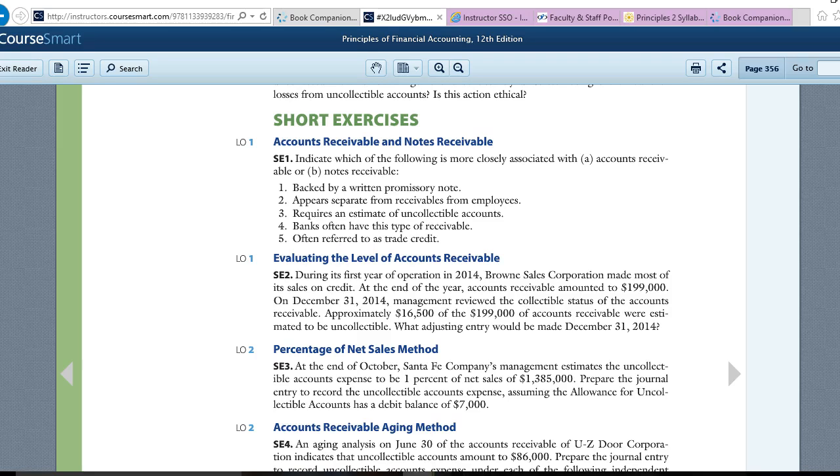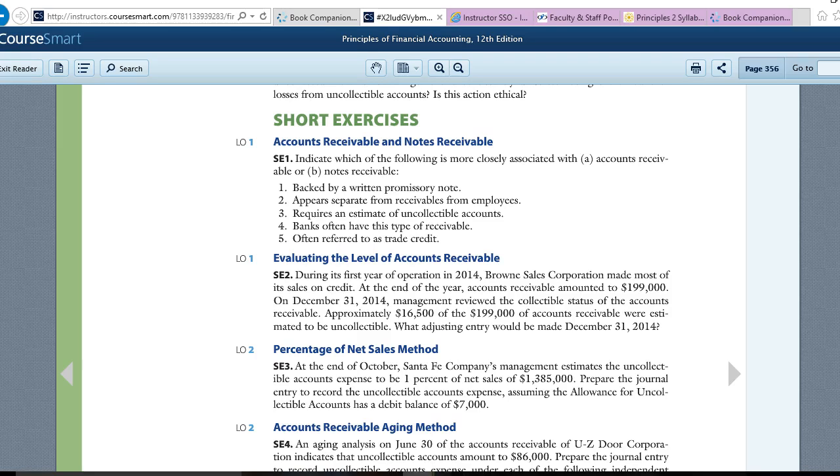At the end of the year, accounts receivable amounted to $199,000. On December 31st, 2014, management reviewed the collectible status of the accounts receivable. Approximately $16,500 of the $199,000 of accounts receivable were estimated to be uncollectible.